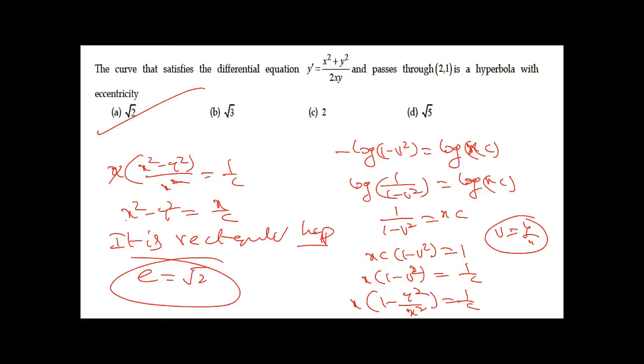If plus is there, it's a circle. x square plus y square means a circle. They will ask questions related to the circle, because x square minus y square means a rectangular hyperbola. So the e value is root 2.